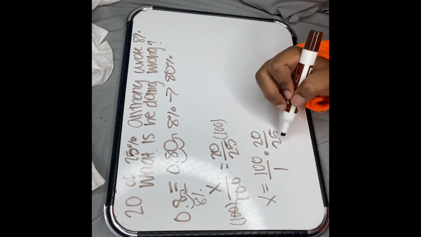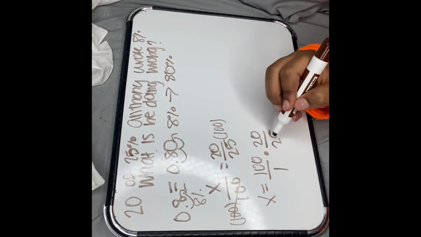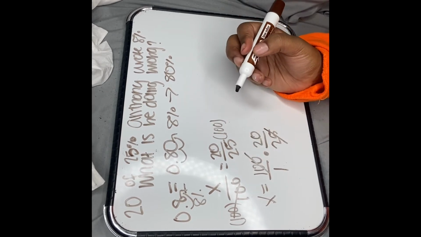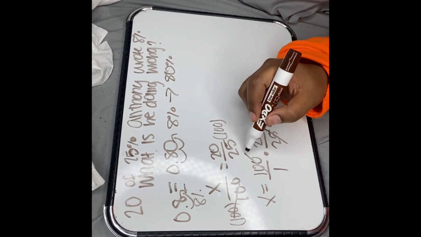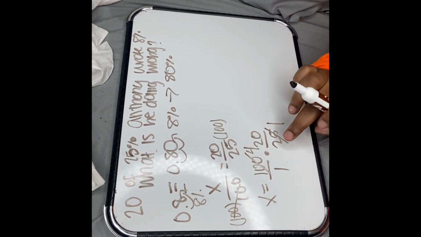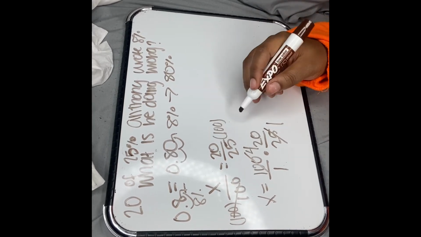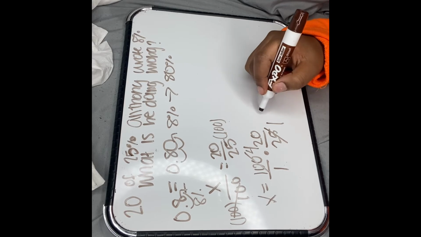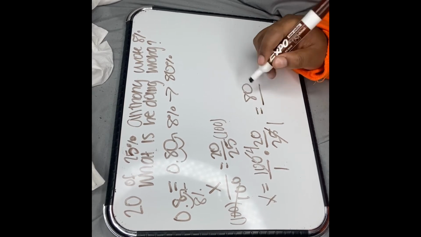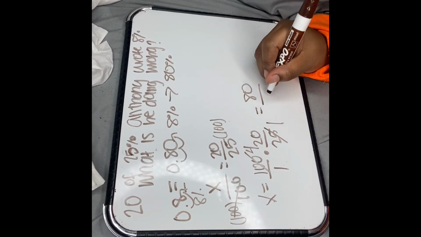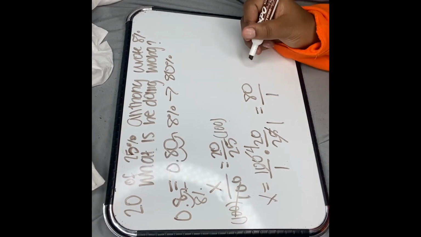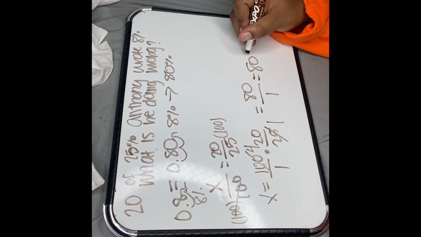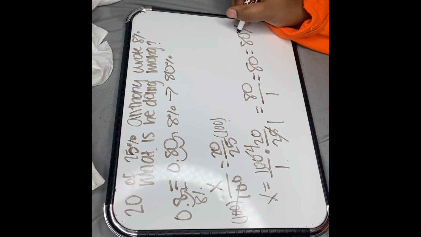So then these have something in common, so we go ahead and cancel those out. And then we'll have 4 over 1 because we can divide those by 25. And so that will give us 20 times 4, which will give us 80. And then 1 times 1, which will give us 1, which is equal to 80, which is equal to 80%.